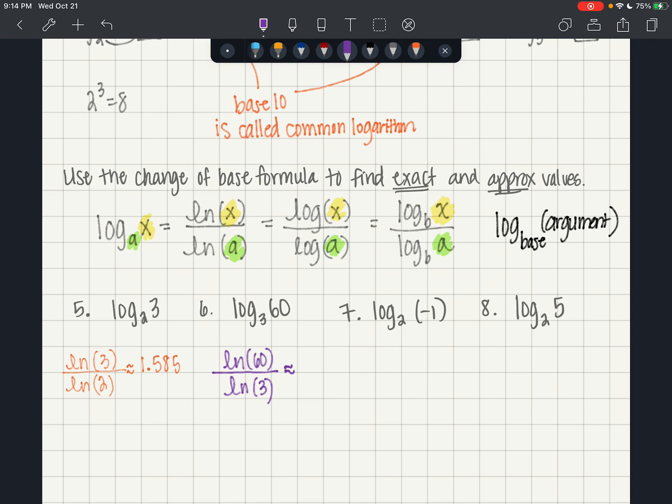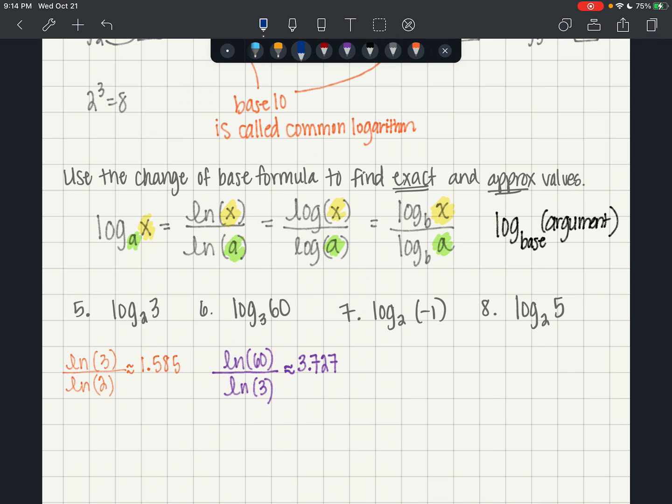I wrote the problem down wrong, so I don't have the answer right off the top of my head. So let's see. I got about 3.727. So hopefully that's what you got as well.